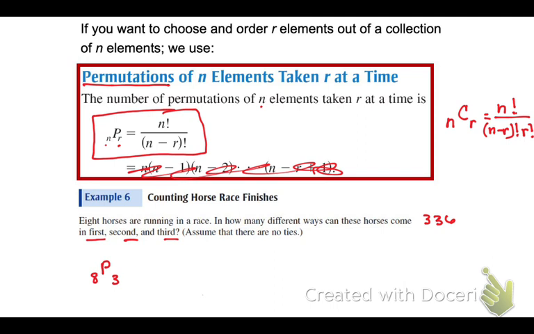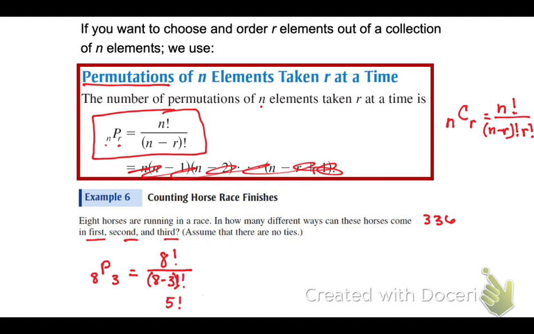So what goes in the numerator? 8 factorial. What goes in the denominator? 8 minus 3 factorial. So yes, it is 5 factorial.